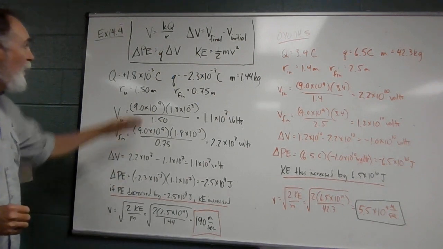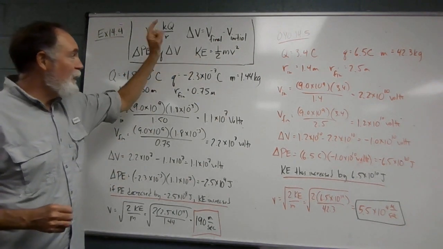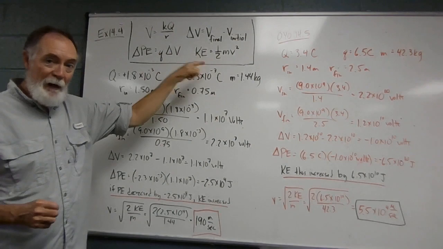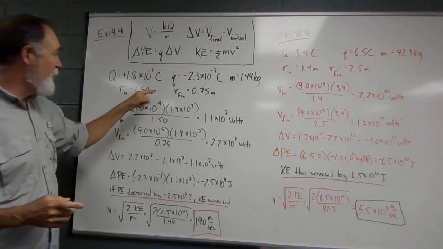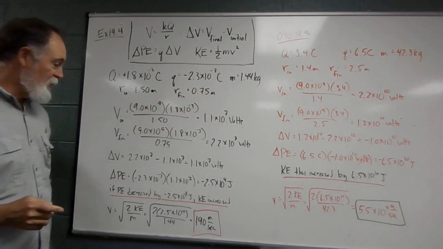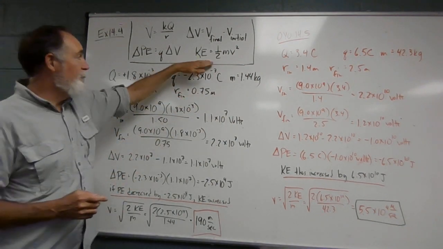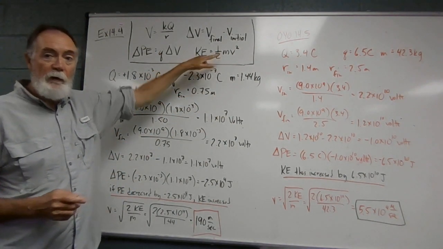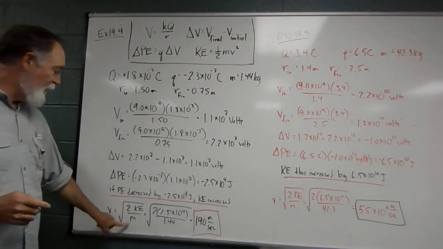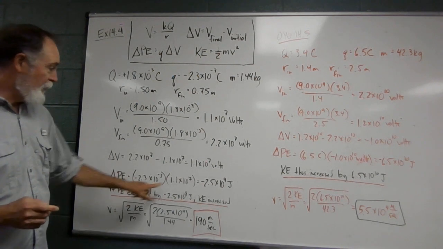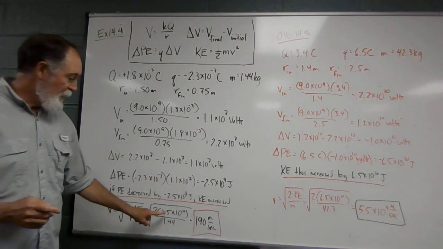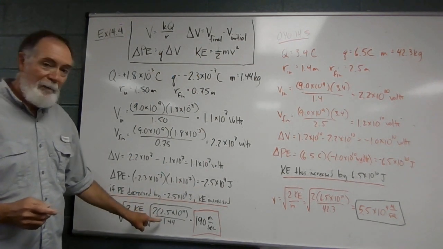amount. So in this case, we're asked to calculate the speed, the velocity of that particle once it reaches this destination. So if we manipulate this equation to solve for velocity, here it is. And again, notice that if potential energy dropped by this, kinetic energy increased by that same magnitude.